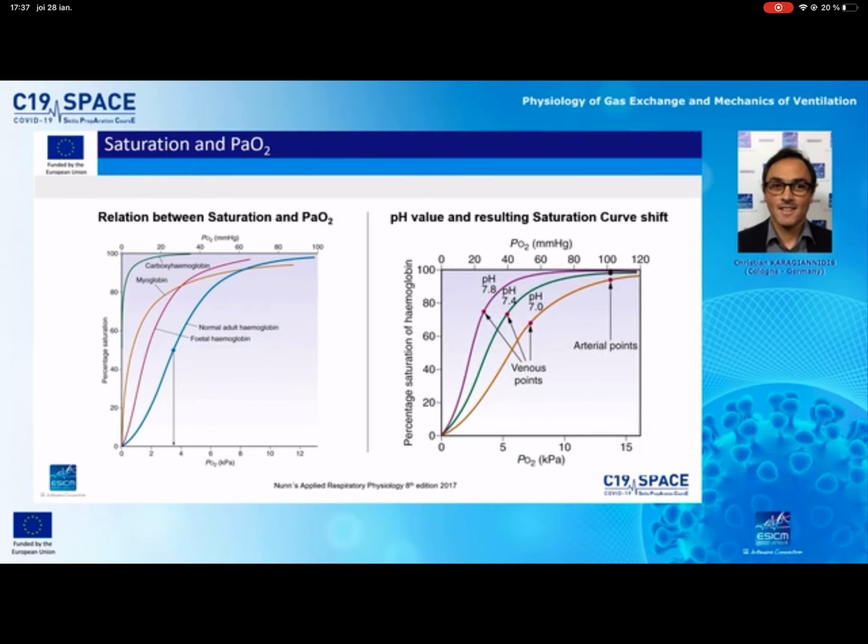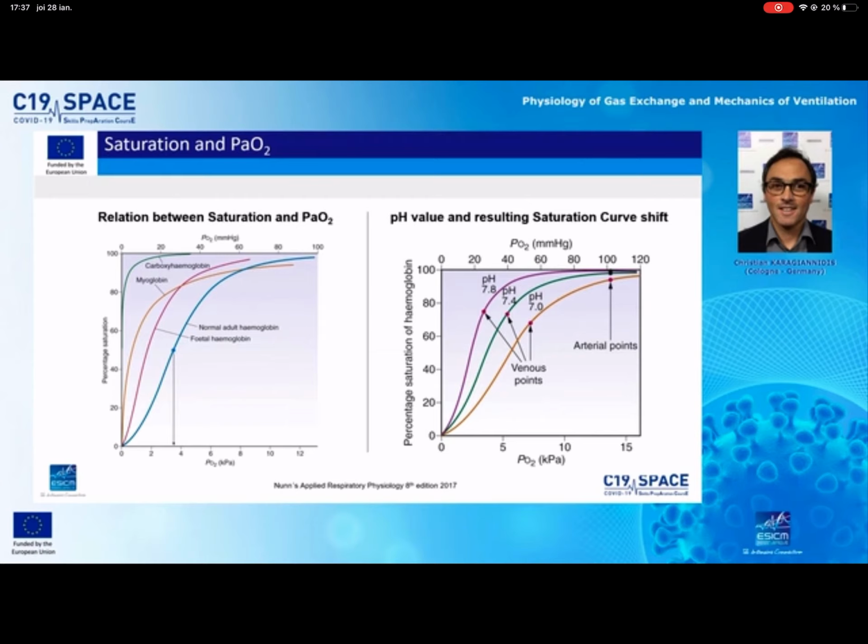It's important to notice that the pH value shifts this curve. So in patients with an alkalosis, which is very seldom, or which should be seldom on the ICU, the curve shifts to the left side, which means that even a saturation of 80% sometimes means that the PaO2 is only 30 millimeters of mercury.